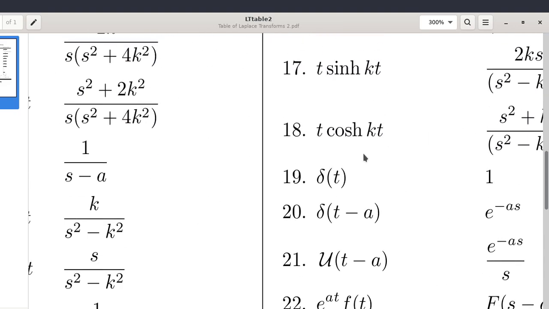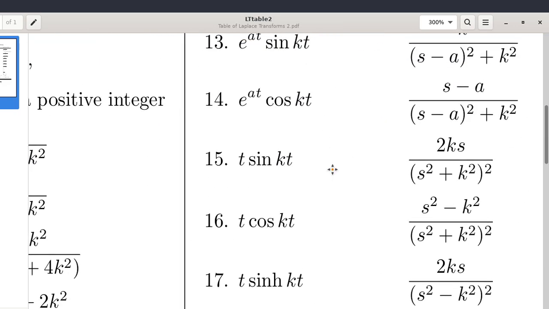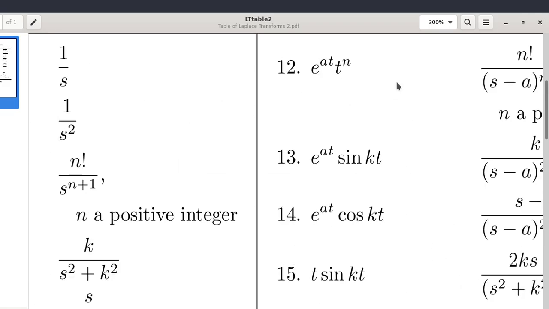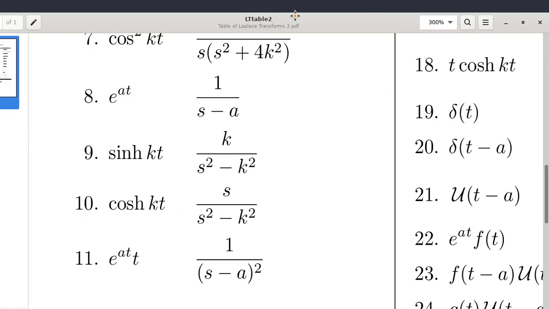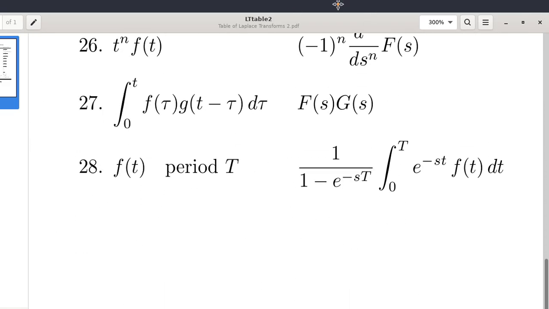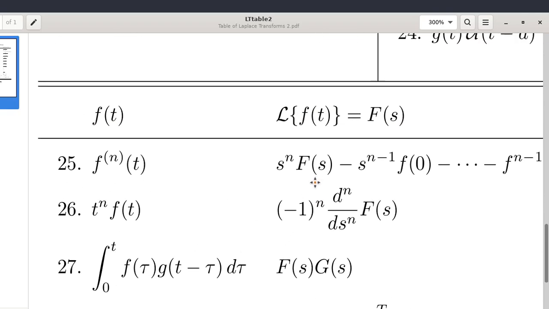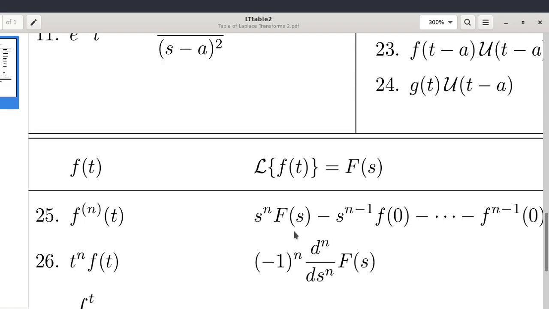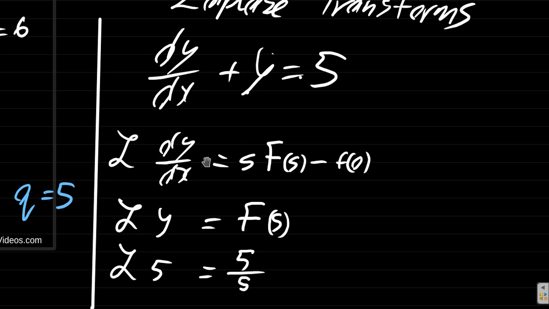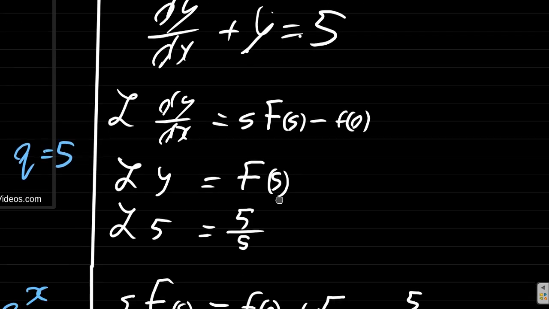So just double checking on something here, we'll soon continue. All right, so just double checking on this, and then our Laplace transform of f of y and then s.